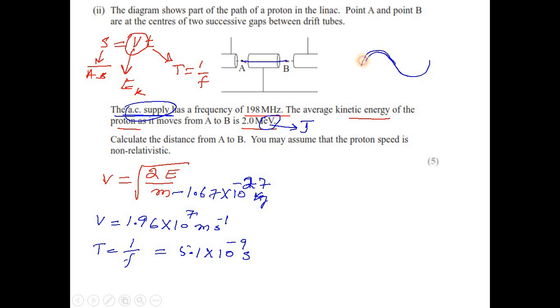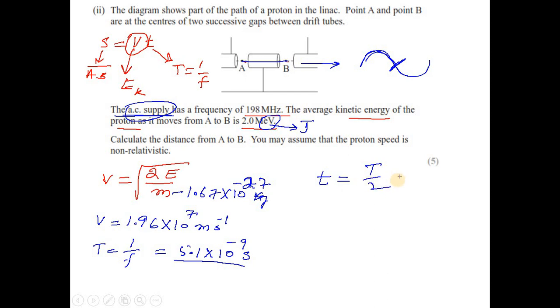So this is the first cycle through which the proton is traveling from A to B. The time that we found here is the time for the whole cycle, and for A to B we need to use only the time for half of the cycle. That means t would be equal to T by 2, because for the next half cycle the particle travels in the next tube and accelerates in the next tube. That's why we use t = T/2.